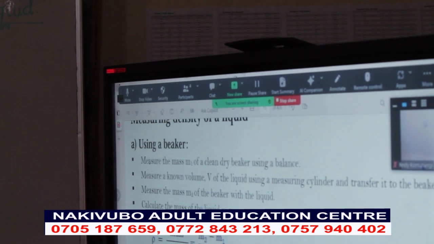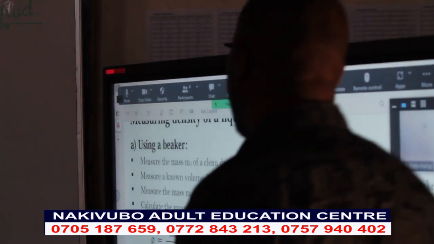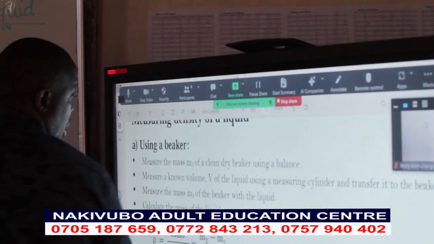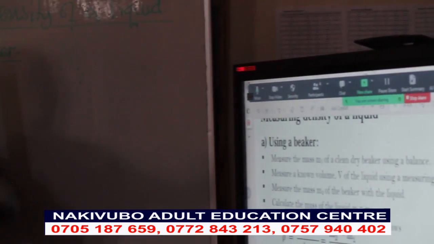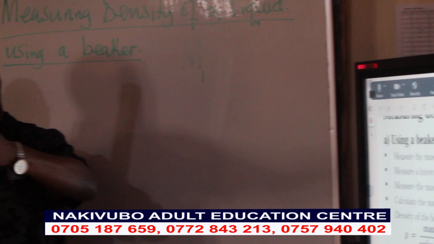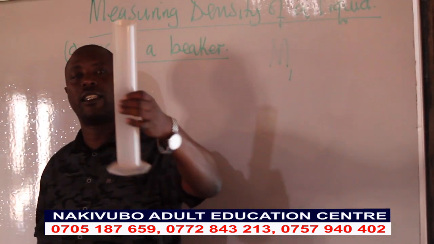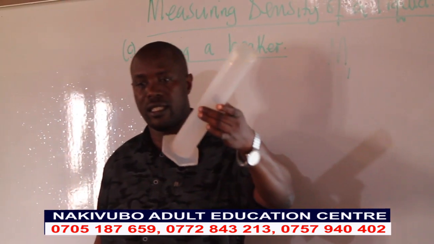Measure a known volume V of the liquid using a measuring cylinder. This is the measuring cylinder. They also have different types and sizes.